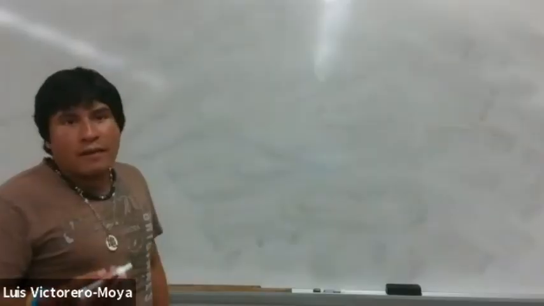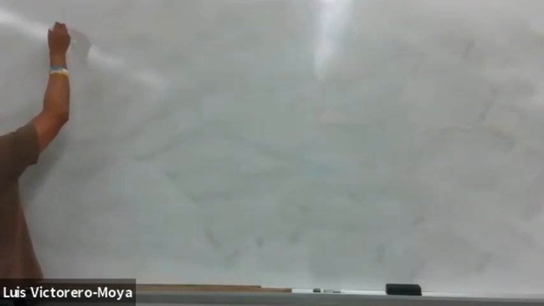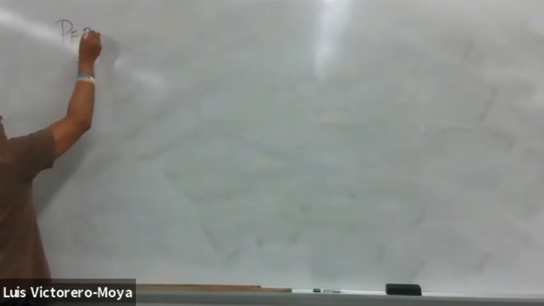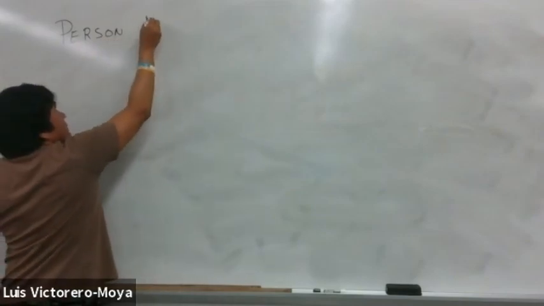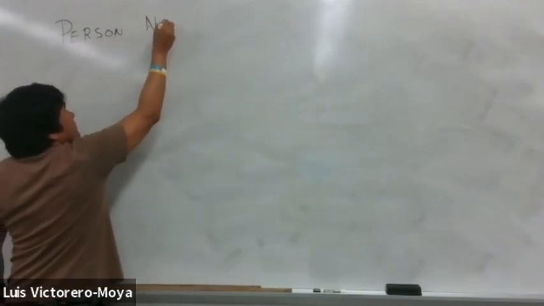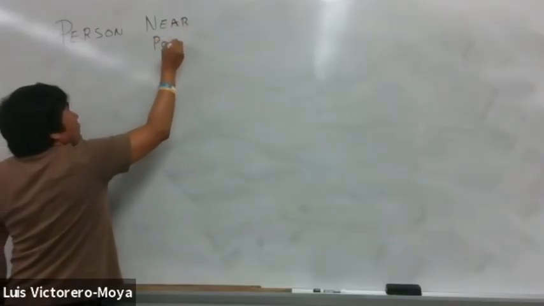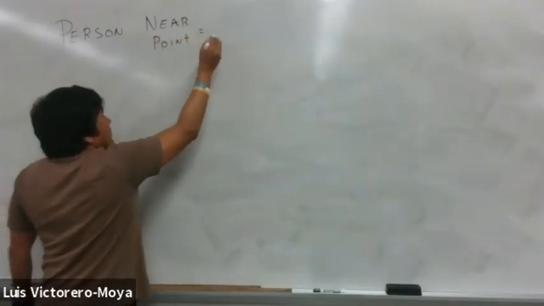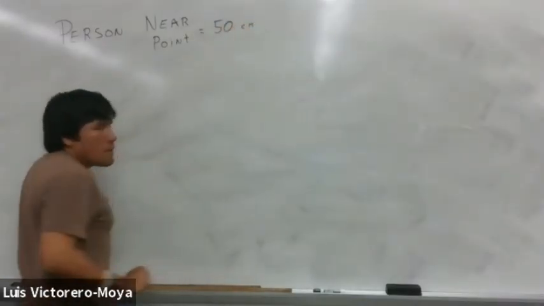So you want to prescribe lenses. So you have that the person has a near point of 50.0 centimeters. So 50 centimeters.